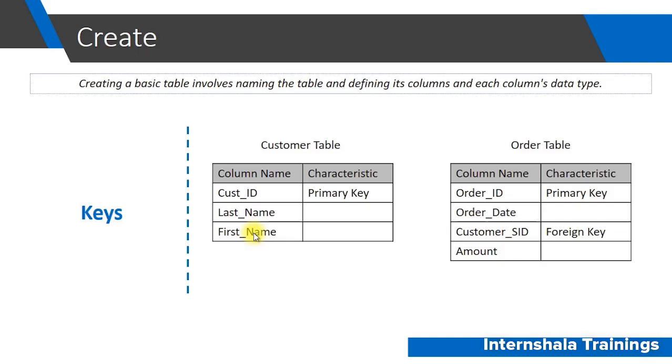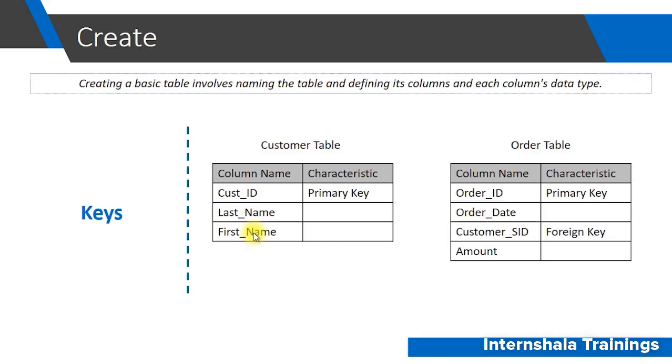So if the same customer is ordering different products, for that order the customer ID will be same. So the primary key of orders will be unique, but the foreign key will be having duplicate values within a table. So having duplicate values for foreign key is allowed, but it is not allowed for primary key.